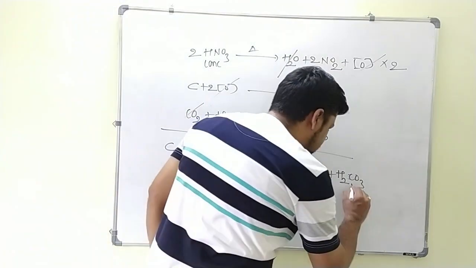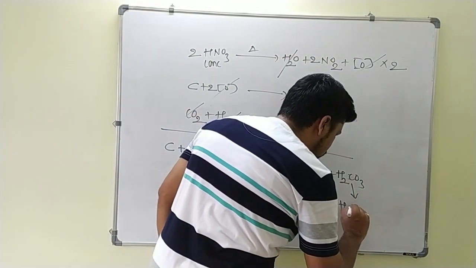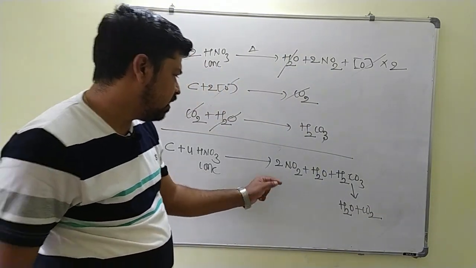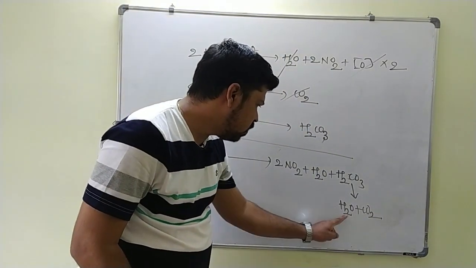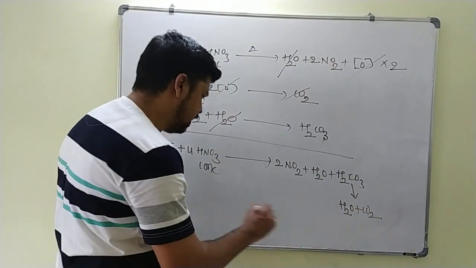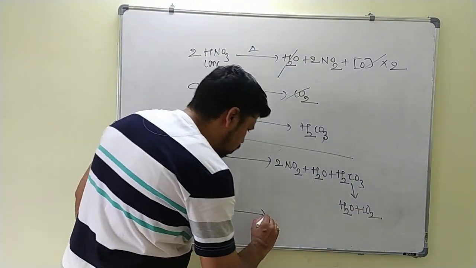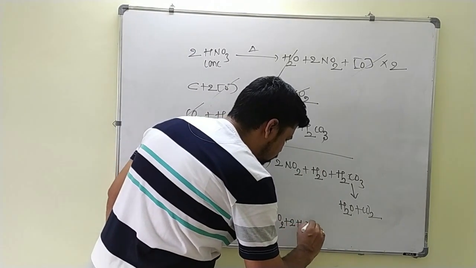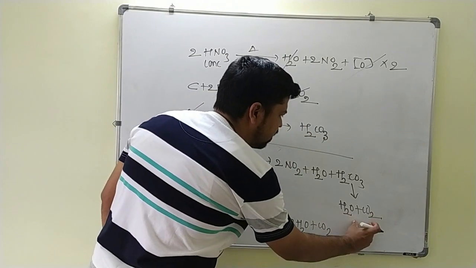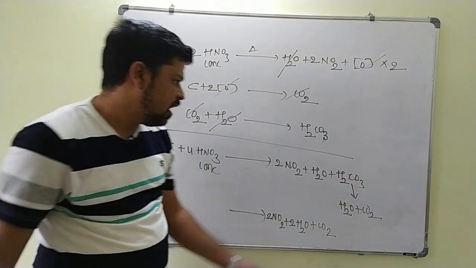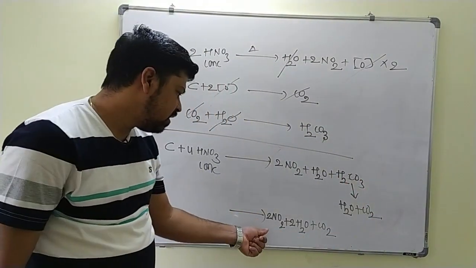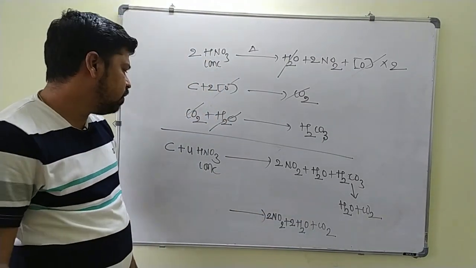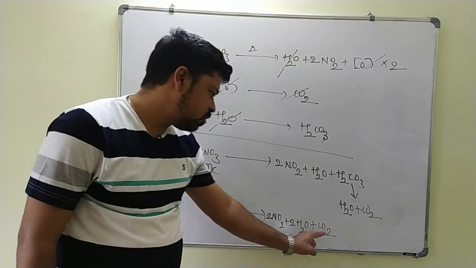This one you can split and write as H2O plus CO2. In total, in the NCERT book they have written NO2 plus 2 moles of water plus CO2. If you combine these two, you can write it as H2CO3. Otherwise, if you split these two, you can write 2 moles of NO2, 2 moles of water and 1 mole of CO2. This is how carbon is oxidized to CO2.